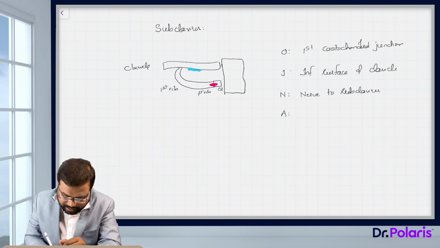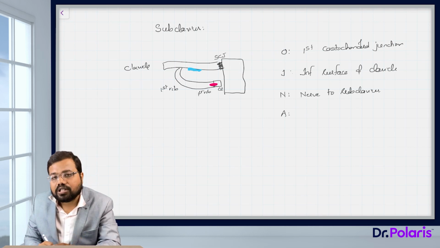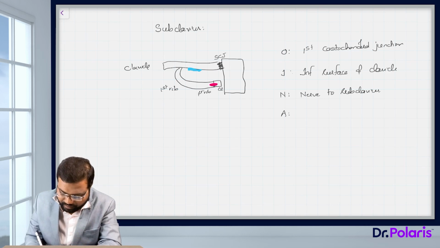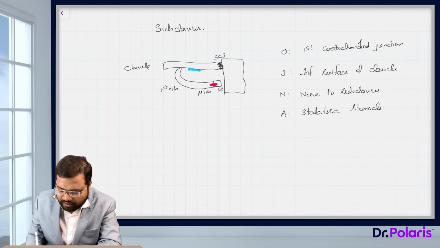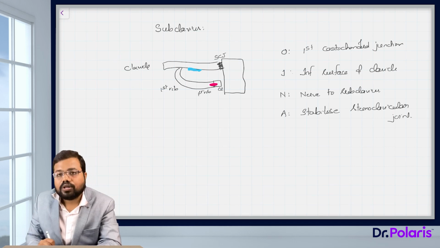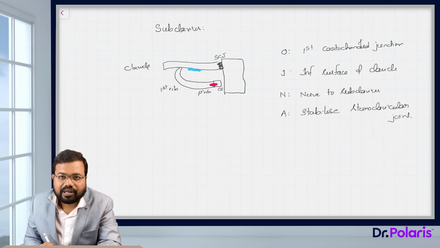Let's imagine this is the sternum. This joint is called the sternoclavicular joint, and it is stabilized by the subclavius muscle. That is the third muscle, subclavius.